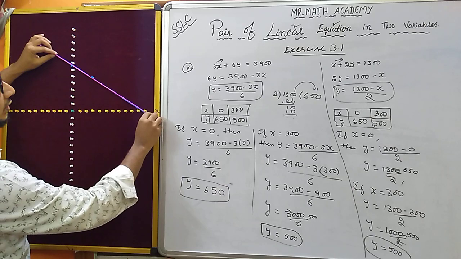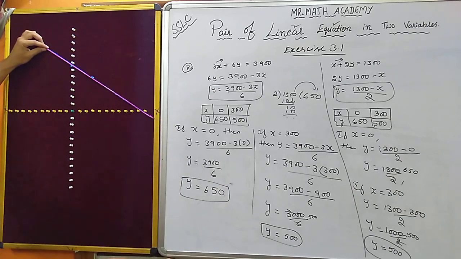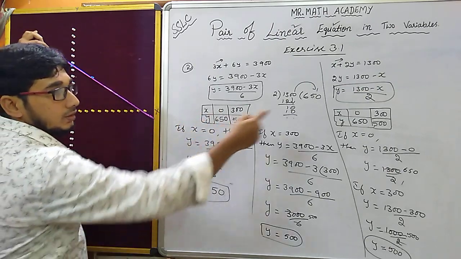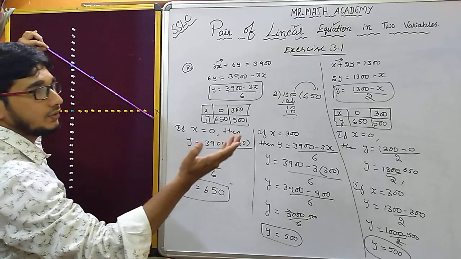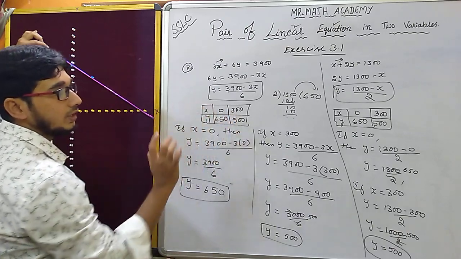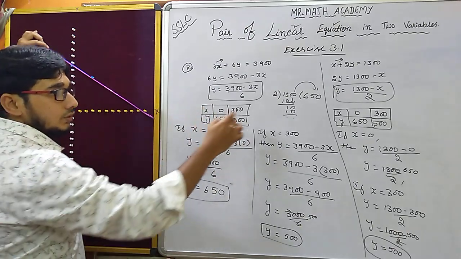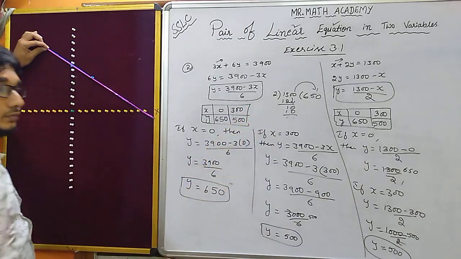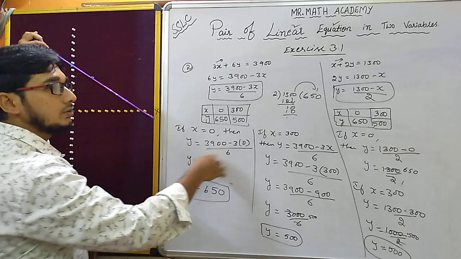So what did you understand from this? Two lines have the same values. These lines are coincident lines. How many solutions will you get? Infinitely many solutions. See, if x is 0, y is 650. There also x is 0, y is 650. x is 300, y is 500. Like this, if x is 600, you will get something around 1000 as y.